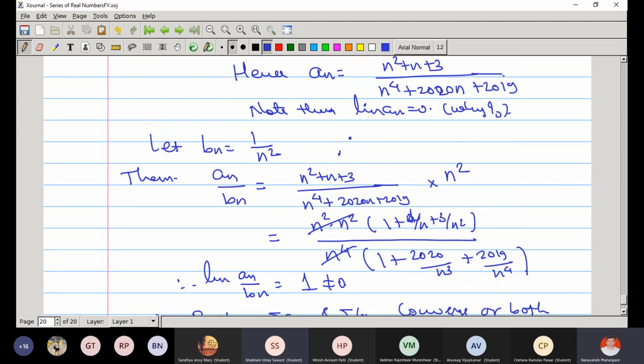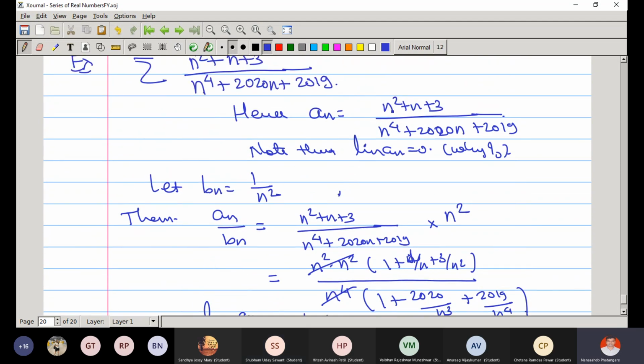So in the previous example, the numerator of an is n square plus n. What is the highest power? n to the power 2. So in this case p is equal to 2. And what is q? The highest power of n in the denominator is 4. And therefore I select n to the power 4. So this is 1 by n square. That's why I select here bn is 1 by n square. Is it clear?